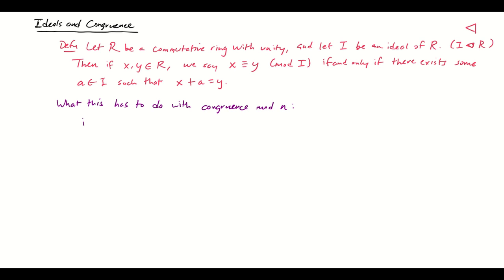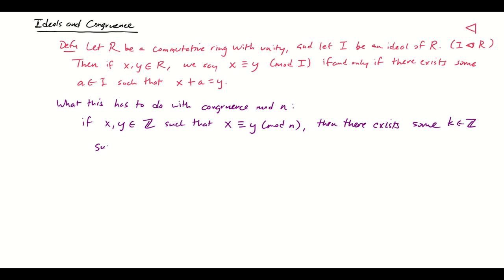Well, if x and y are integers such that x is congruent to y mod n, then that means there exists some k, an integer, such that x plus nk is equal to y. I don't know whether we said x plus nk or x plus k, and I guess it doesn't matter all that much.